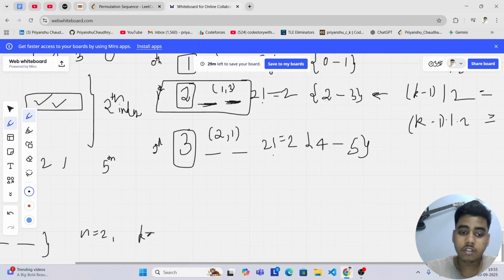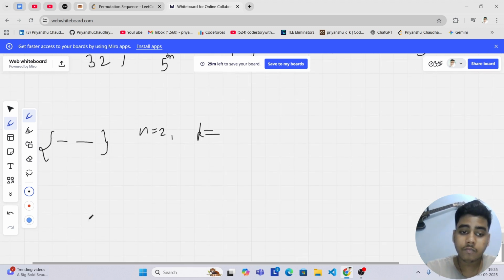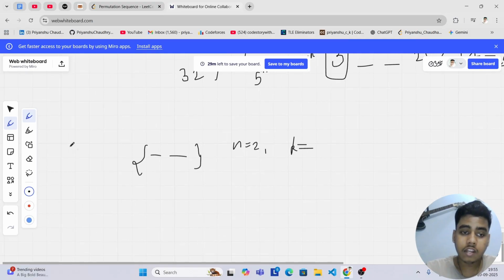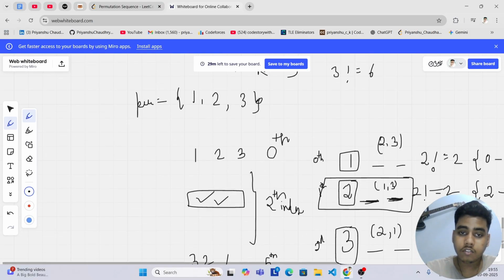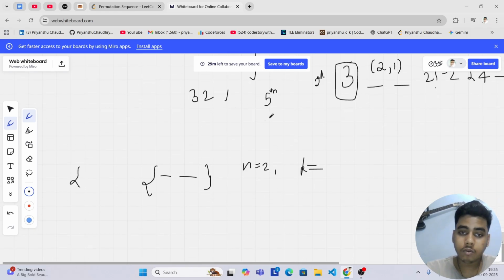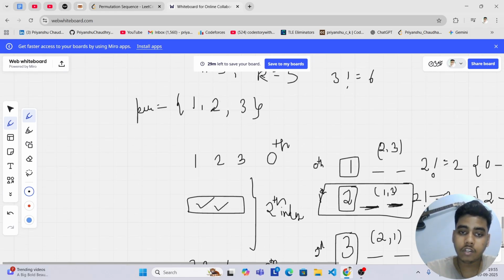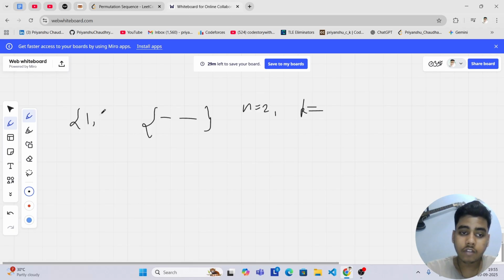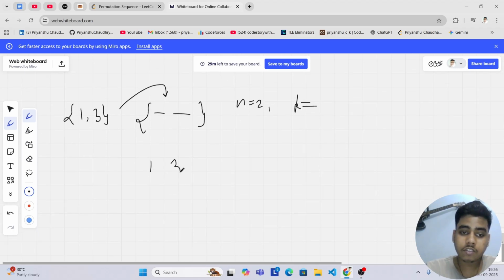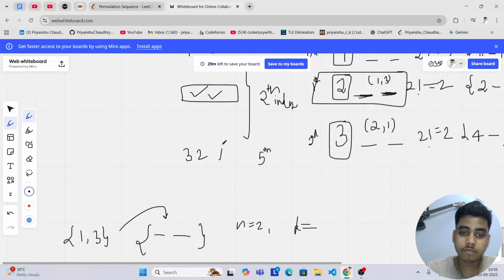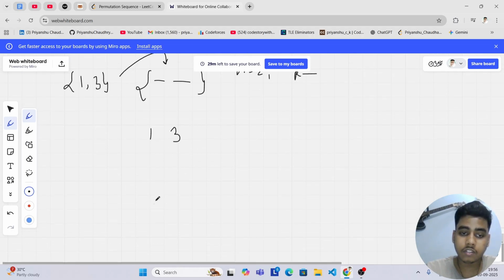So when n is equal to 2 and the array was what I have used, 2, so from the permutation 1, 2, 3 I have used 2. Now I will delete this 2, and I will be left with only 1 comma 3, and I have to fill these in such a way that my first arrangement will be 1 3, and my last will be 3 1.